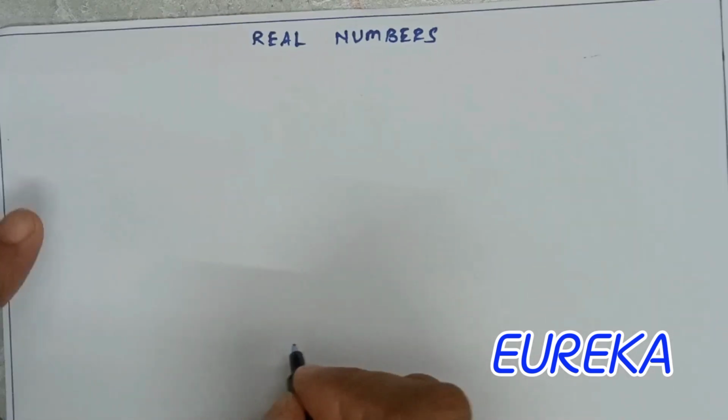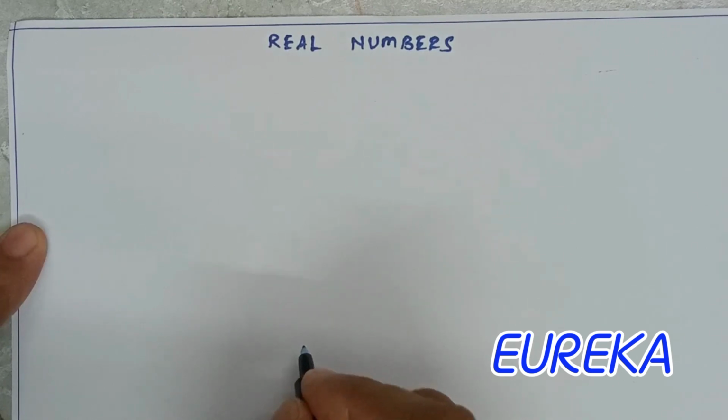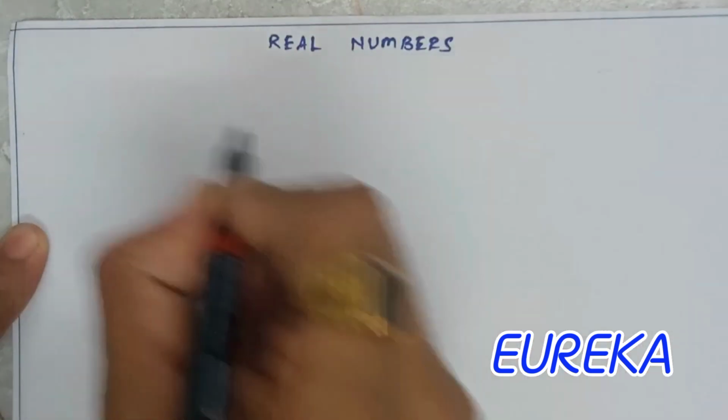Suppose we ask the same question for 4 marks, so what will the question be?